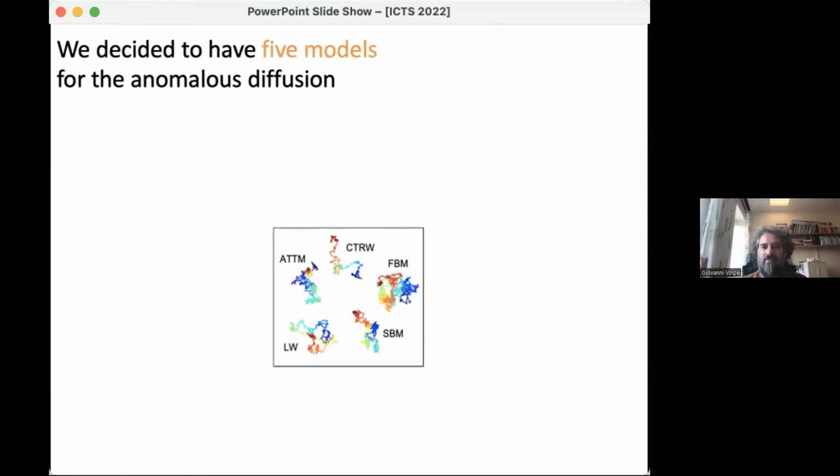The first decision that we made is to focus on some underlying models for anomalous diffusion. There are many, many possibilities, and these are the ones we chose. So obviously the continuous time random walk, which is one of the fundamental models used very broadly for describing anomalous diffusion.